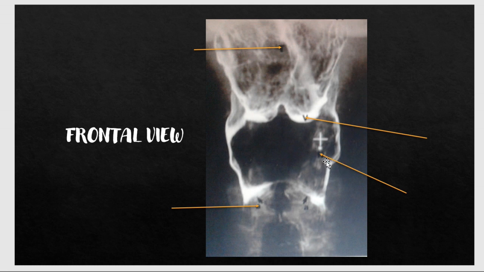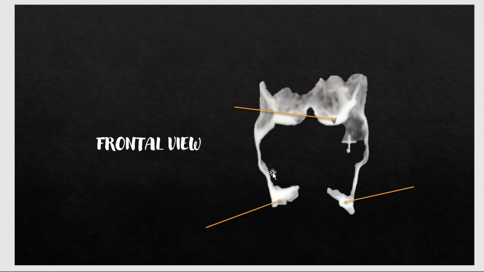On the right side you can see the hyoid bone impression here, and these are the arytenoid cartilages on both the sides, right? This is a frontal view, and if we subtract the other things, it will look like this, the same frontal view, the vallecula impression with arytenoid cartilages on the left and right side.